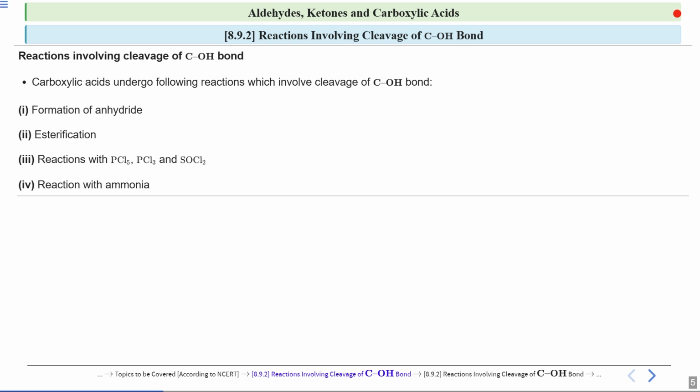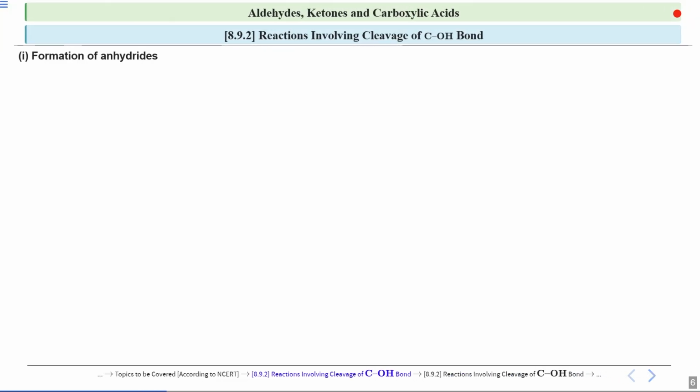And finally, we will see the reaction with ammonia. When carboxylic acids react with ammonia, they form amides. One by one, we are going to see all of these reactions as well as their mechanisms. First, we will study the formation of anhydrides.